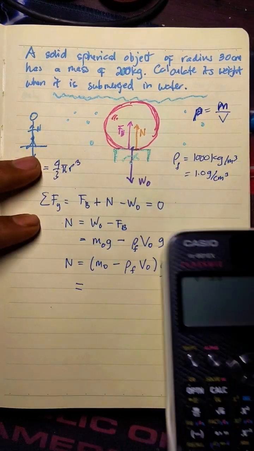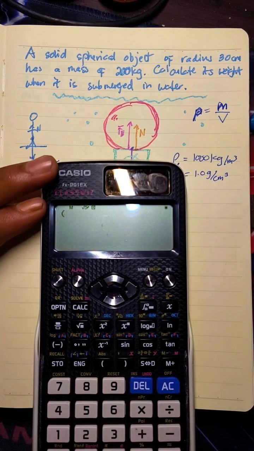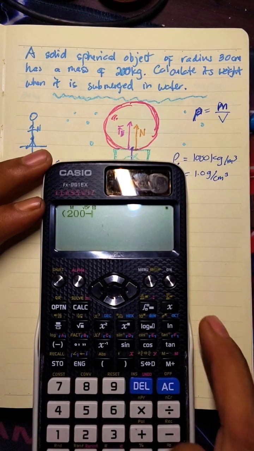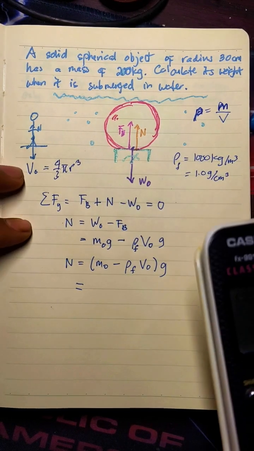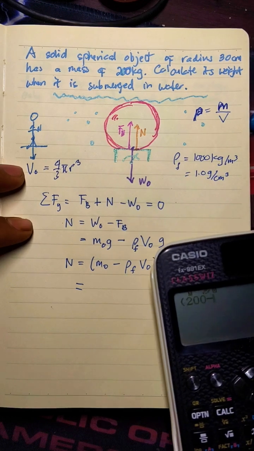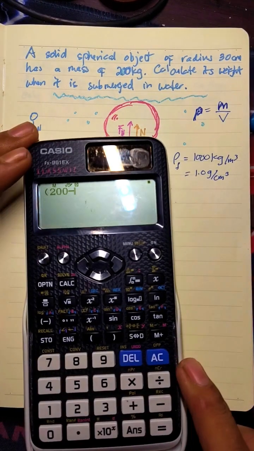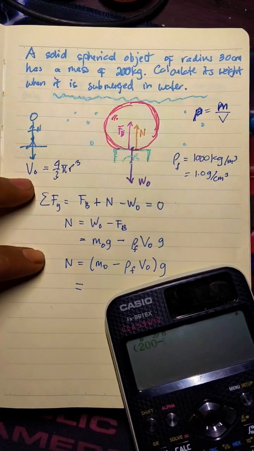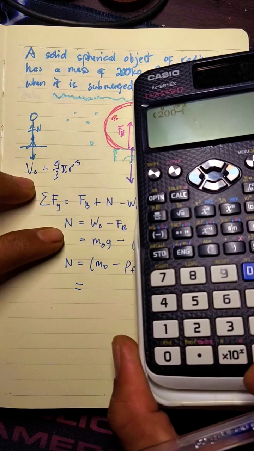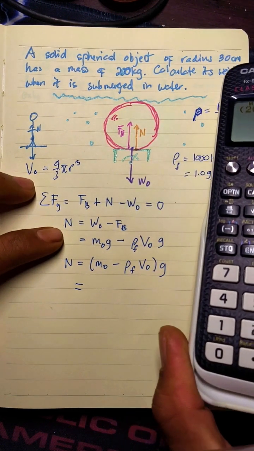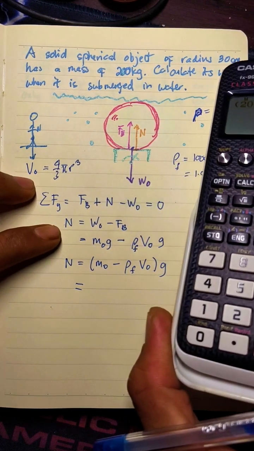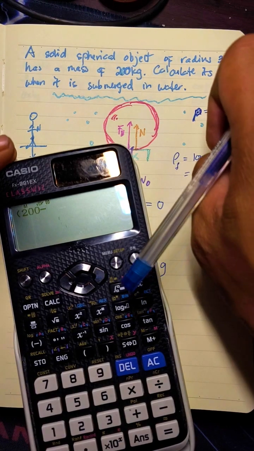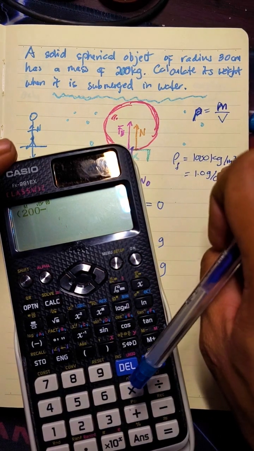That would be the mass of the object, which is 200, minus the density of the fluid, which is water. Since we are using kilograms, let's convert the cm into meters. That would now be 0.3, so we'll use this unit.